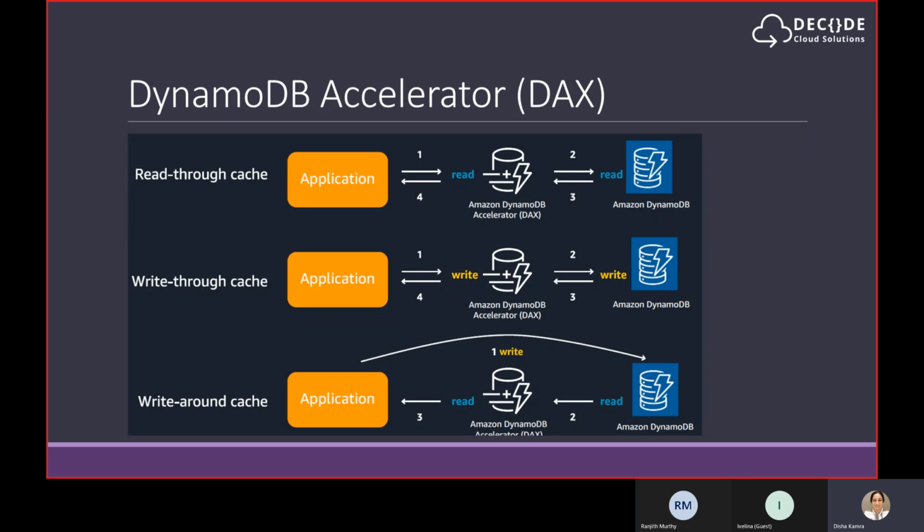Strongly consistent reads are also passed through DAX, and they do not update the cache. The cached data expires according to a configurable time to live, and it will also apply a least recently used algorithm to evict the oldest data from the cache if it fills.